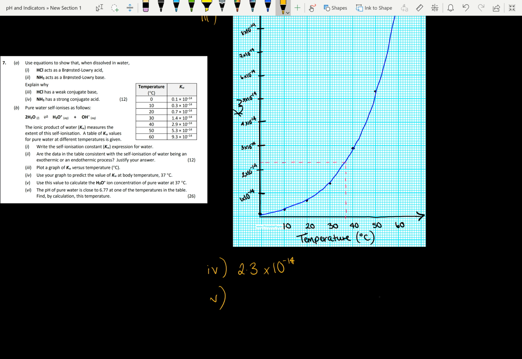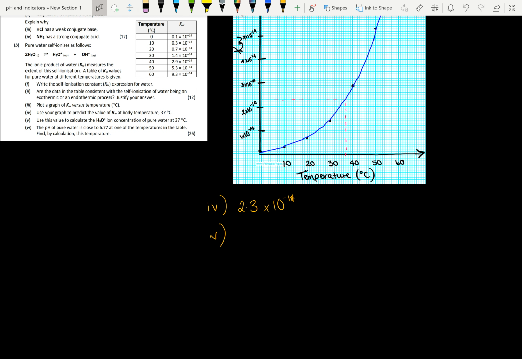Now it's asking us to use this value to calculate the H3O+, or hydronium ion concentration, of pure water at 37 degrees. So what we have said is that the Kw is equal to 2.3 by 10 to the minus 14. And we have said in the first part that the Kw is equal to the concentration of the hydronium ion times the concentration of the hydroxide ion.